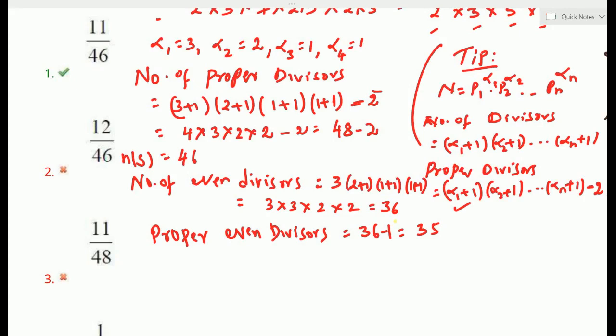Yes, now we'll collect the number of odd divisors.